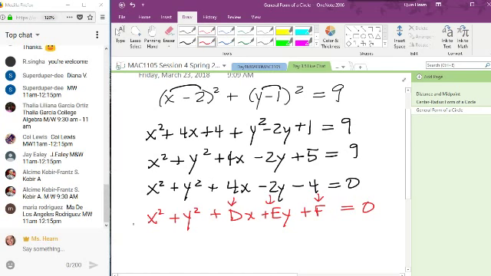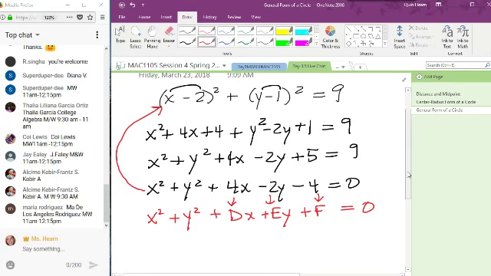So if we have something that fits this pattern, it also is the equation of a circle. The question is, though, if I give you something in this format, how do you get it back to the center radius format so that you can identify the center, identify the radius, and graph the circle? And the answer to that question is completing the square.